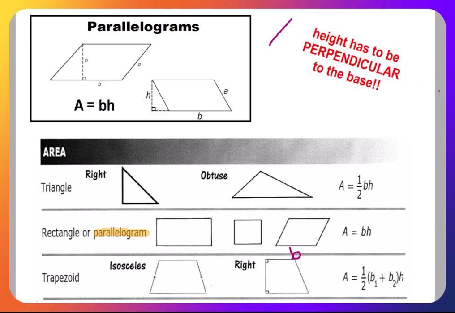That's because the height has to be perpendicular to the base. The height has to be a vertical line that touches and reaches the base. This is perpendicular: the vertical line and the horizontal base make two right angles. That's going to be your height right here. It's that line that is perpendicular to the base.